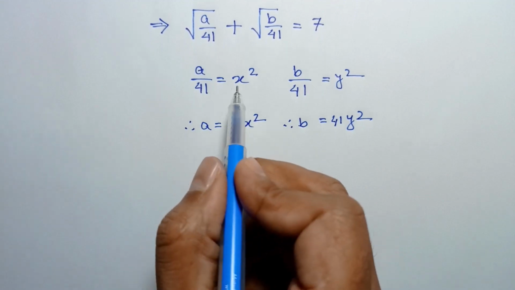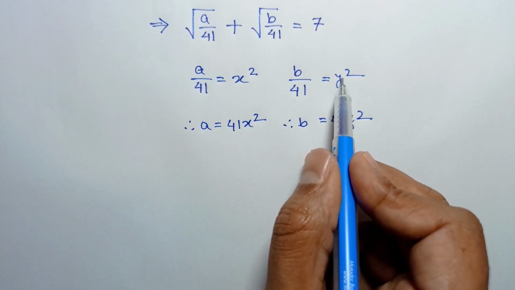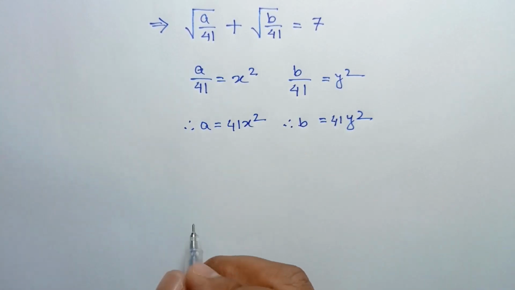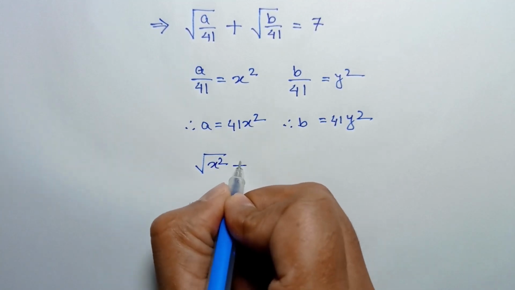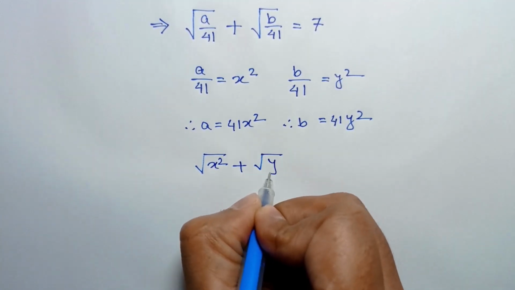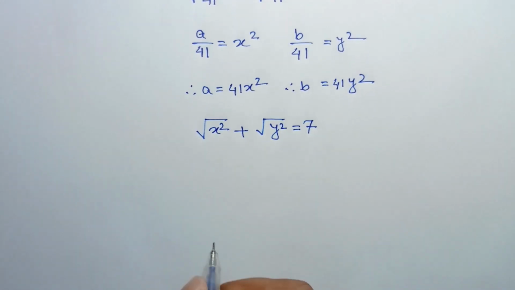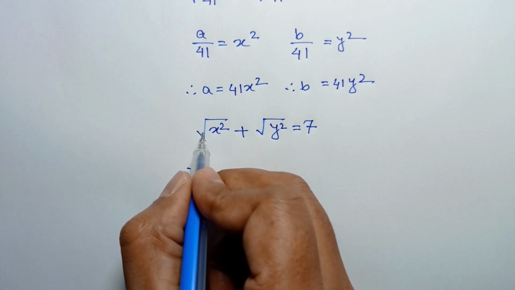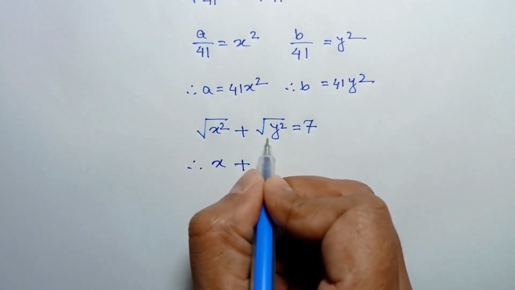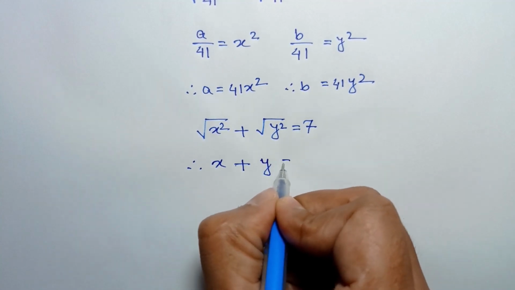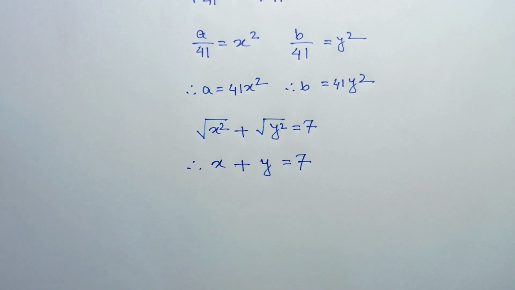Now substituting a over 41 is x squared and b over 41 is y squared in this equation, we can write square root of x squared plus square root of y squared is equal to 7. The square root and square cancel out, so it will remain x plus y is equal to 7. Here x and y are non-negative integers.